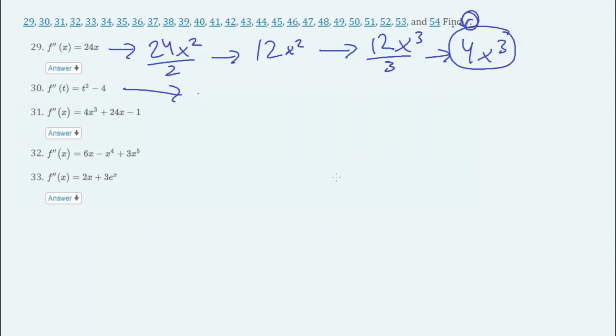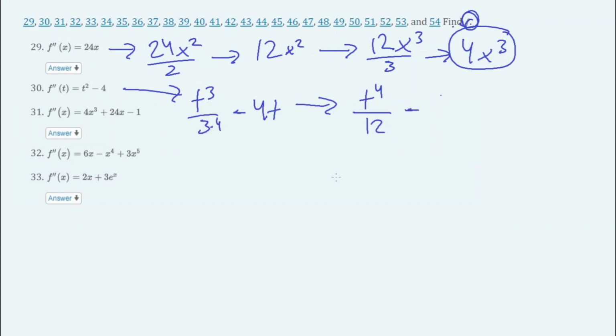For number 30, we have t squared minus 4. So we find the antiderivative, and it's going to be t to the third power over 3 minus 4t. And now if we find the antiderivative again, it's going to be t to the fourth power over 12, because we put it over 4, and so we're going to have 3 times 4 in the denominator, and that's 12.